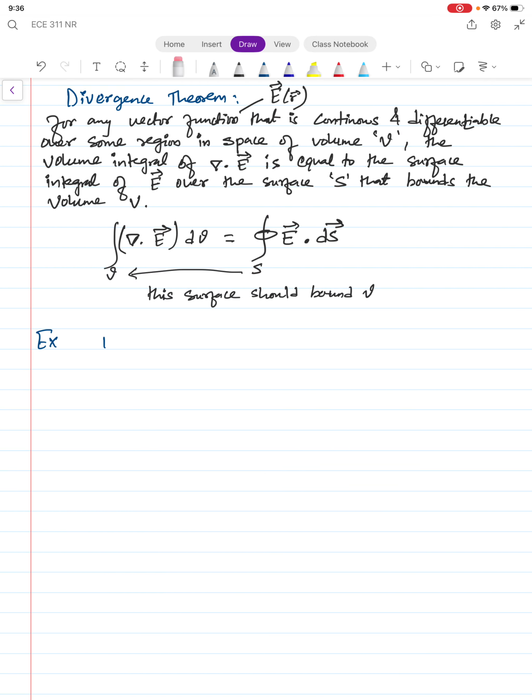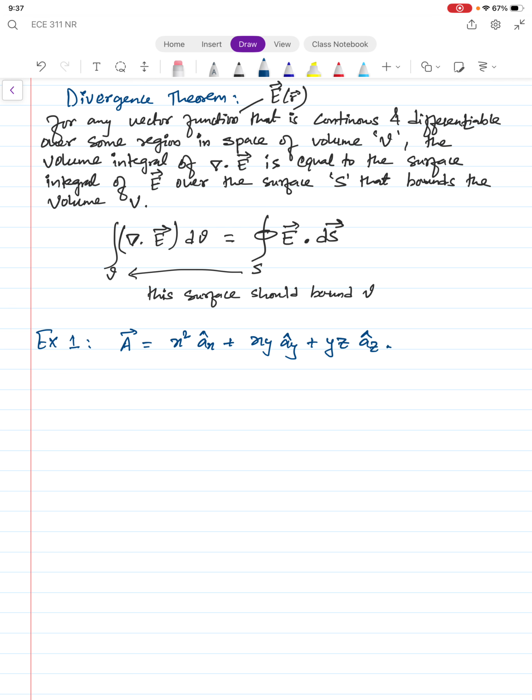Okay, this is example one for today, and it says there is a given vector function A equals x square ax hat plus xy ay hat plus yz az hat.